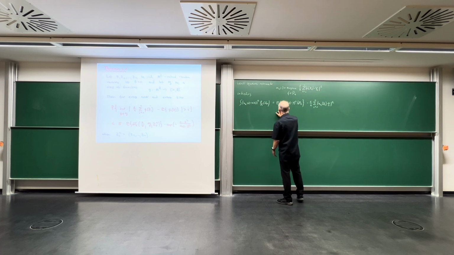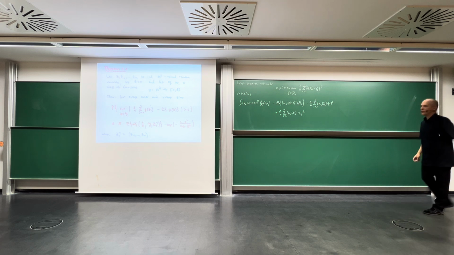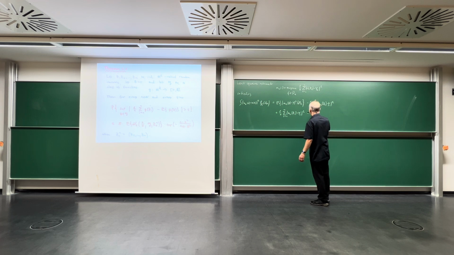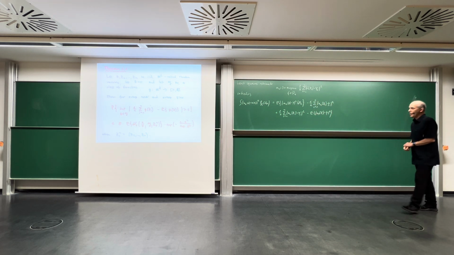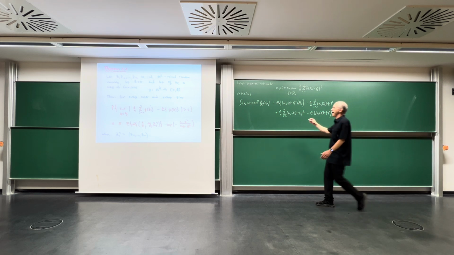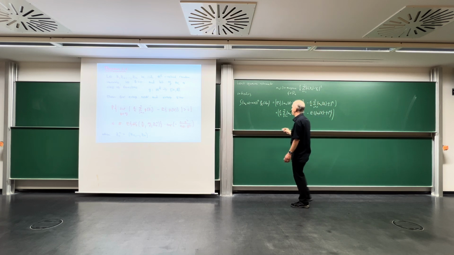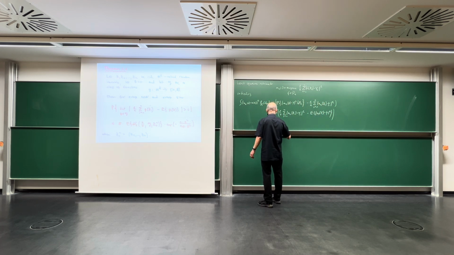Then I add again the empirical L2 risk. So that just cancelled out, and now I have to subtract the L2 risk of the regression function. And I use these two terms and consider them separately. This is my error decomposition. The first term I call T1n, the second term I call T2n.